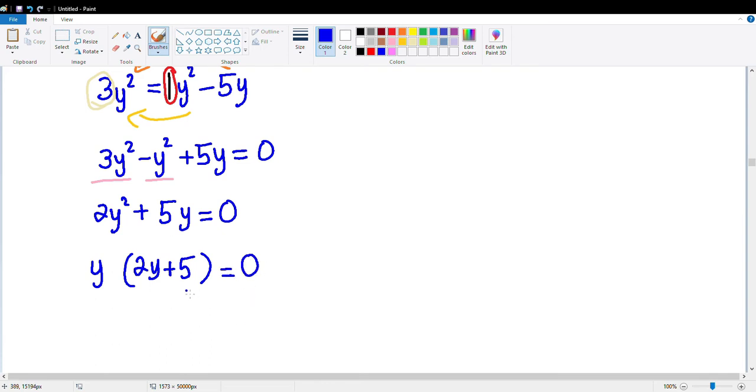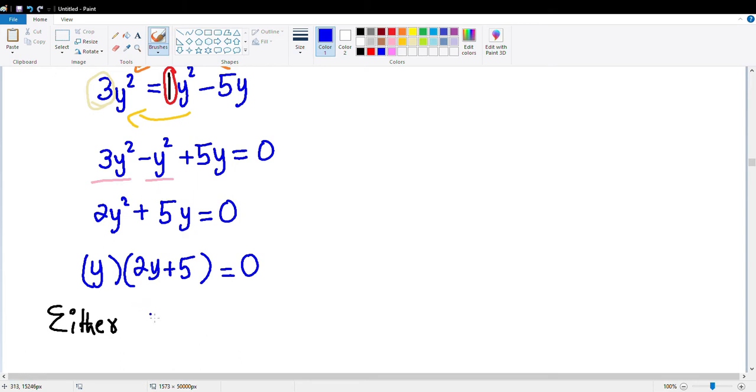Now look, y into 2y plus 5, you can draw a bracket over here too. So it looks more like that scenario that we just did in the above question. Again, these two are factors and they're giving us the equation 2y squared plus 5y.